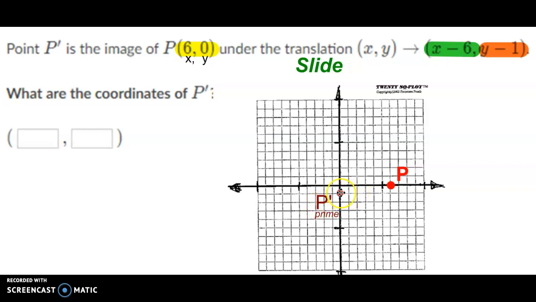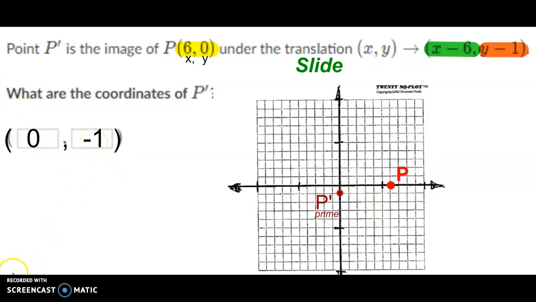And that's where it'll land up after a translation or a slide of -6 and -1. So our answer then would go into here. Where did this 0, -1 go? Well, that's the location of the new dot. The x is at 0 and the y is at -1. And so our answer is 0, -1.